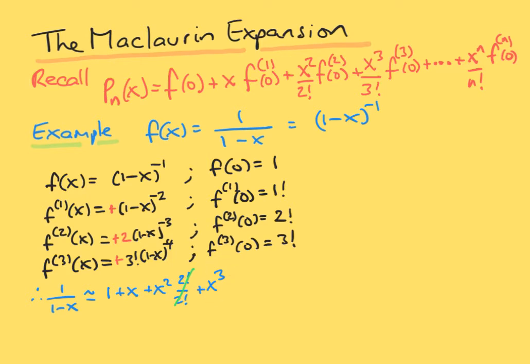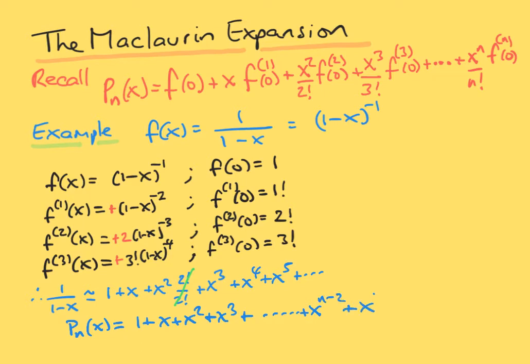And then as we carry on, we'll get plus x to the 4th, plus x to the 5th, etc. And the Maclaurin polynomial of degree n for this function is 1 plus x plus x squared plus x cubed plus, and then at the other end it would be something like plus x to the n minus 2 plus x to the n minus 1, and now the end is in sight, it's plus x to the n, and that is the result that we wanted to obtain.